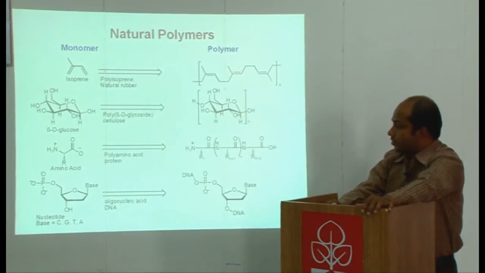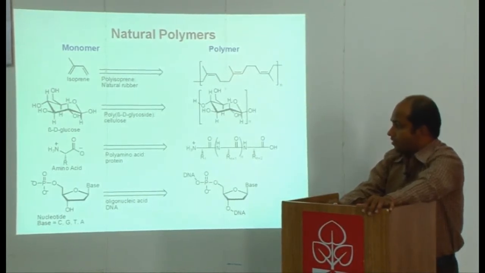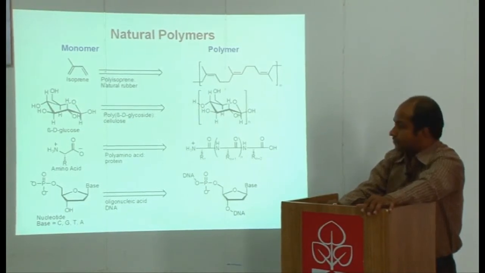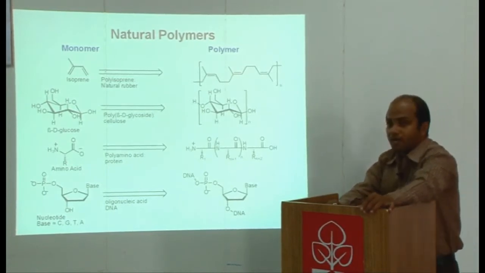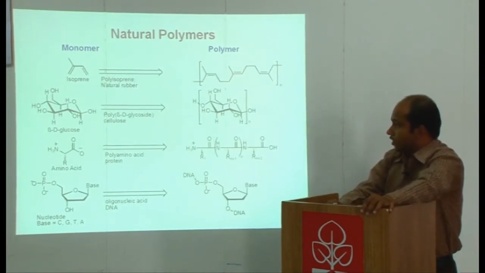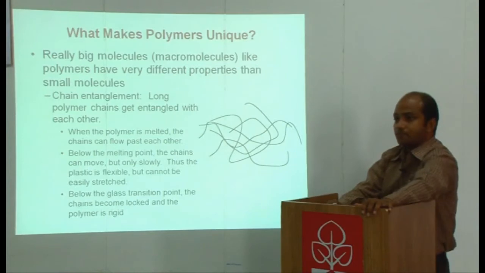You have deoxyribonucleic acid, which is formed from polymerization of various nucleotides, which are obviously formed from amino acids. So if you really want to go about the sequence, amino acid reacts to form a nucleotide, and then these nucleotides continue to form the deoxyribonucleic acid.